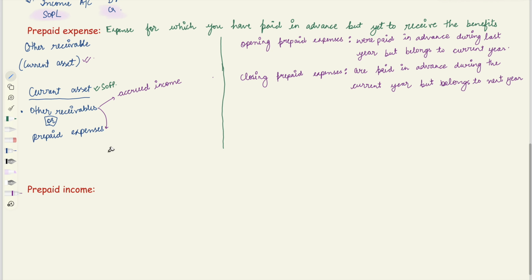So as per my accrual concept, matching concept, I only include the balances which belong to the current year in my statement of profit or loss, right?